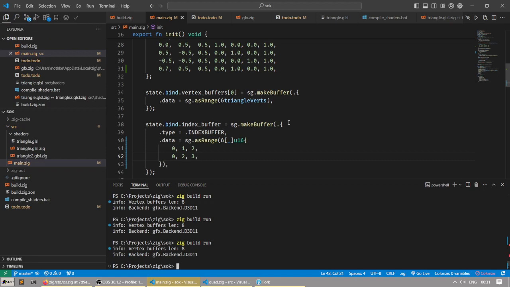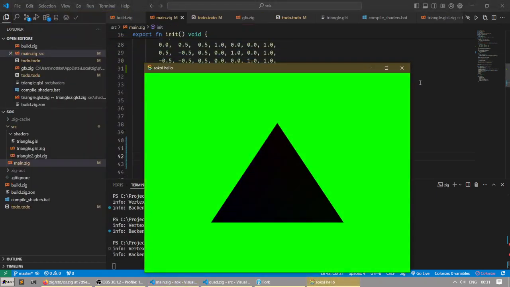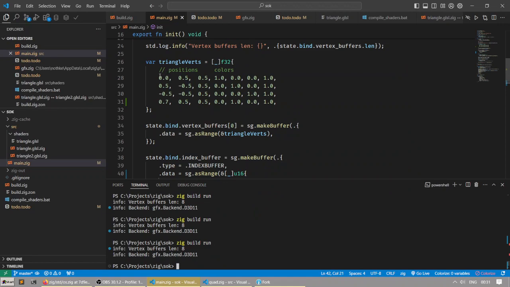Let's see if this works. Because what is actually the first vertex? The first vertex is 0, 5, which is the top one. The second one is 0, 5 minus, so it is the right one. So yeah, top is 0, 1, 2.